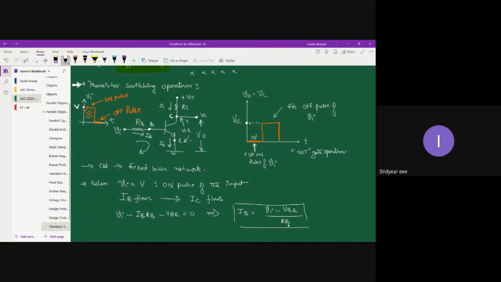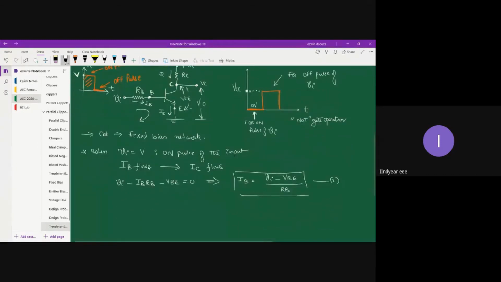Once the base current is known, you can determine the collector current. The collector current is going to be beta times IB, or you can also determine the collector current from the output circuit. Let's pay our attention to the output circuit.